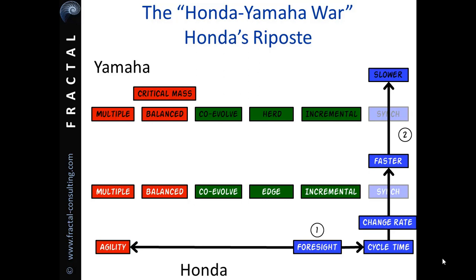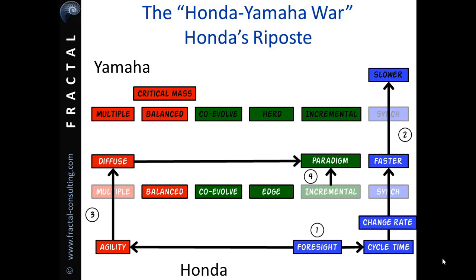Honda then proceeded to outdevelop Yamaha. Over the next 18 months, Honda introduced 113 new models, practically tripling the number of their models. As Honda brought out many more models to the market, they altered their concentration to diffuse. In the process, they introduced a new paradigm and value propositions based on style and design, and that redrew the segmentation of the market.